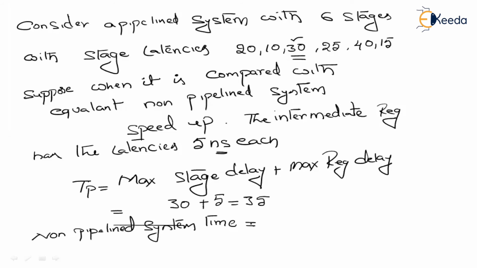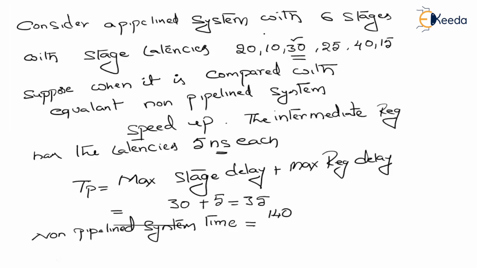Non-pipeline system time is equal to 140. And speed up is equal to Tn divided by Tp, in which Tn is equal to 140, Tp is equal to 35.